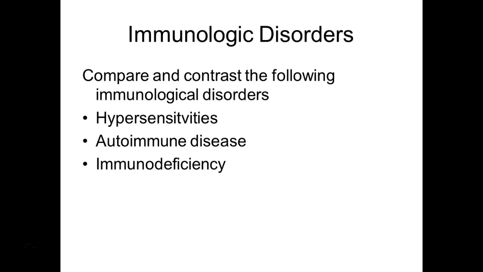And again, this stems from your genetic predisposition. Do you have all the information to do the job that you're supposed to do? Some people are born deficient, where their immune system does not know how to do certain things. And there are different types and levels of deficiencies, right? Some are pretty mild, barely affecting the individuals.